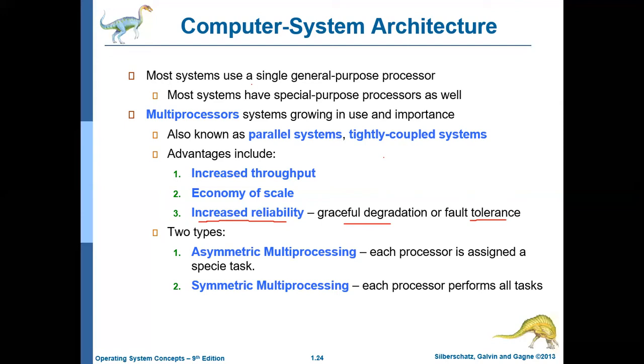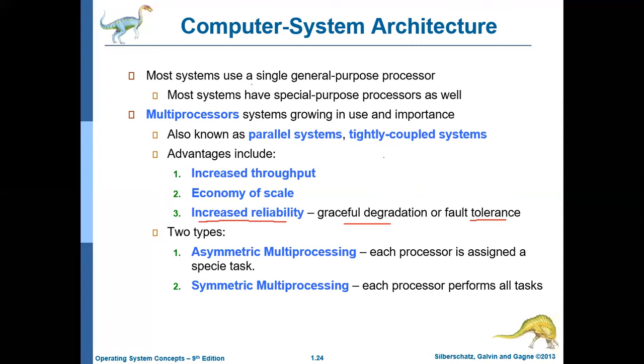If there are three processors and the operating system is sharing the work among all three, and suddenly one of the processors fails, then the operating system will share the task among the remaining two processors. The task will be completed, but it may take more time. That is, the performance may degrade to a certain degree. This concept is called graceful degradation.